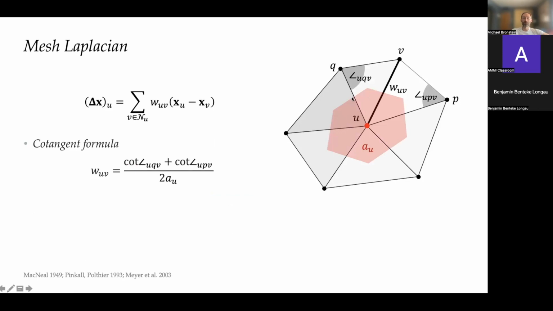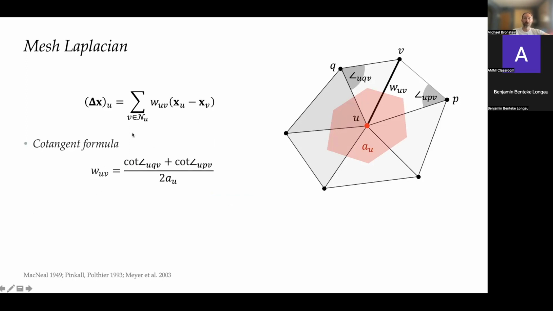The most common that is used in computer graphics is what is called the cotangent formula. It goes back to the 40s, and in discrete differential geometry it was introduced by Pinkall and Polthier, and by Meyer, Schroeder and Barr, in the late 90s or early 2000s.